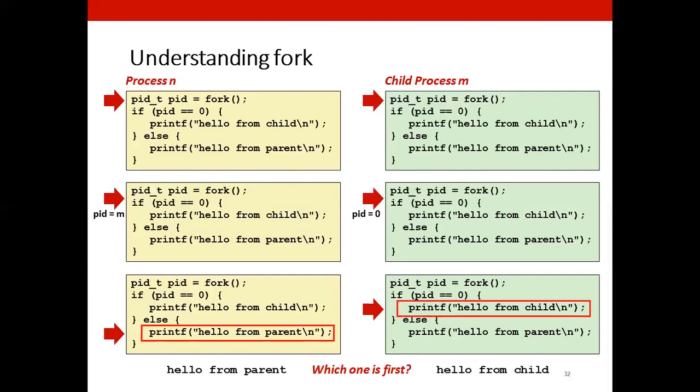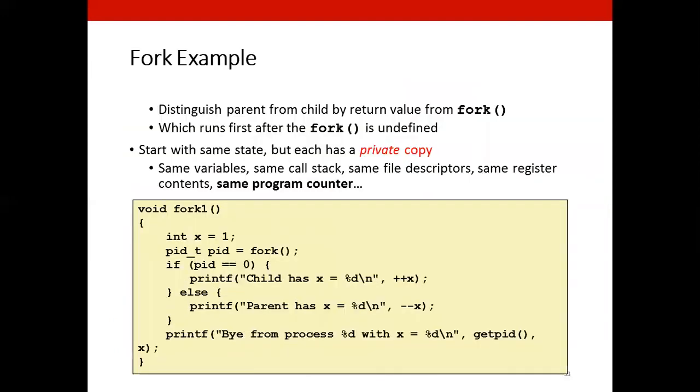Which one executes first? Well, we only know that process N started first. And after the child process is created, we really don't know which one will execute first. So this is an example of fork to highlight certain things. We know that the parent and child both run the same code.